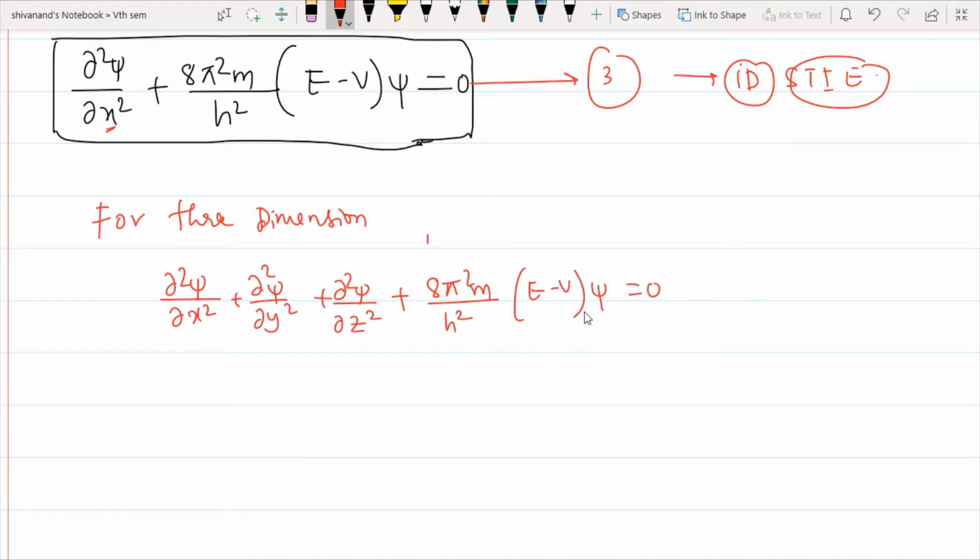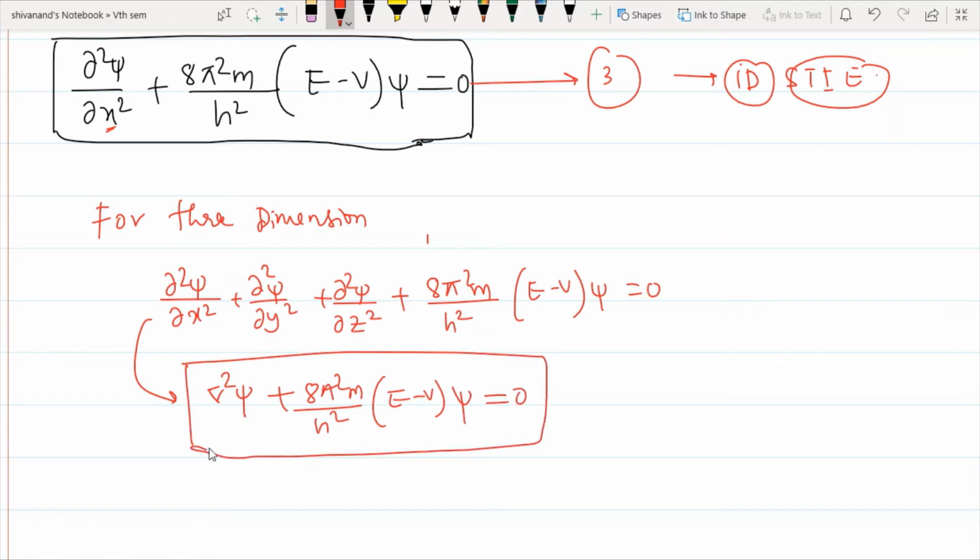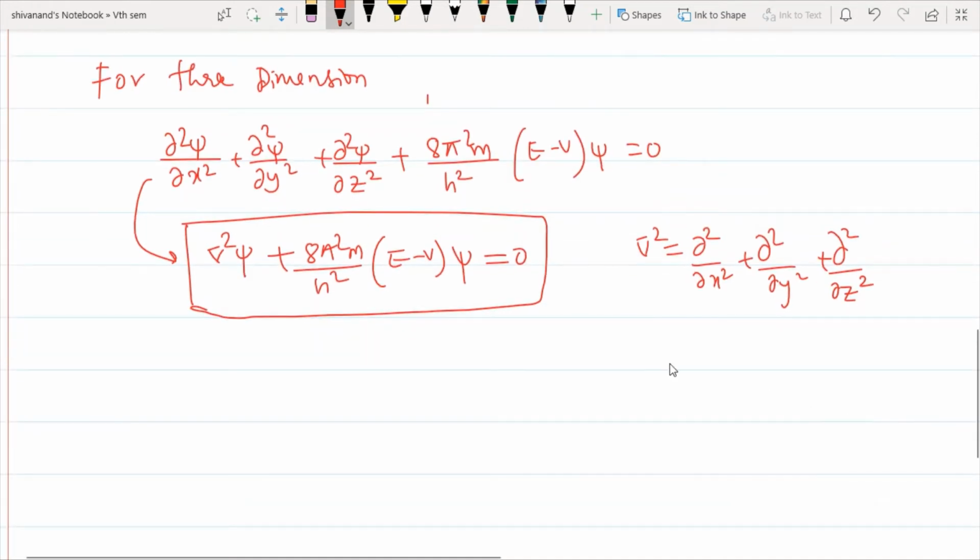This equation tells how the psi wave function, or state function, interacts with energy and with space, that is, the coordinates x, y and z in three dimensions. It can be written again as ∇²ψ + (8π²m/h²)(E - V)ψ = 0, where ∇² = ∂²/∂x² + ∂²/∂y² + ∂²/∂z².